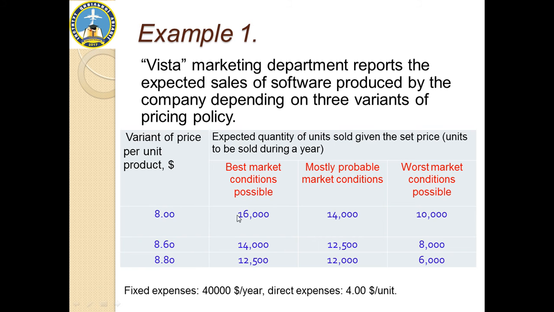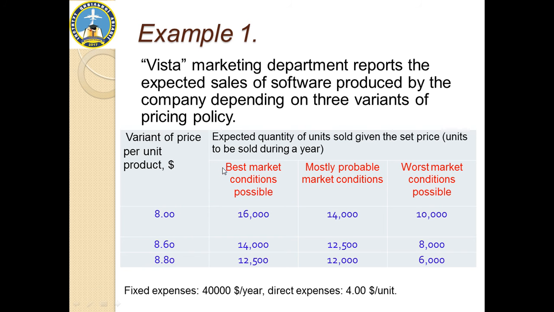But it can sell only 14,000 units if the company sets the price at 8.6, and only 12,500 units if the price is set to 8.8. But that's only if the market conditions are the best. So the market is in favor of this particular product.